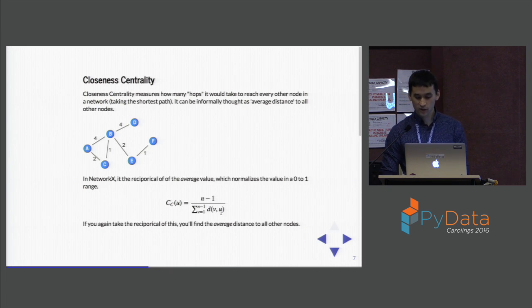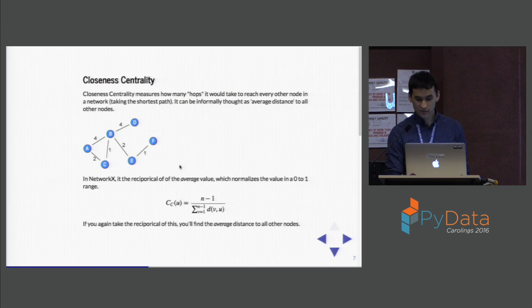So basically, what you're doing in the denominator here is taking, for a given node, let's pretend instead of U this is A, we add up all the shortest paths between A and every other node, and that's the denominator, and the numerator would just be the total number of nodes, which in this case would be 6.